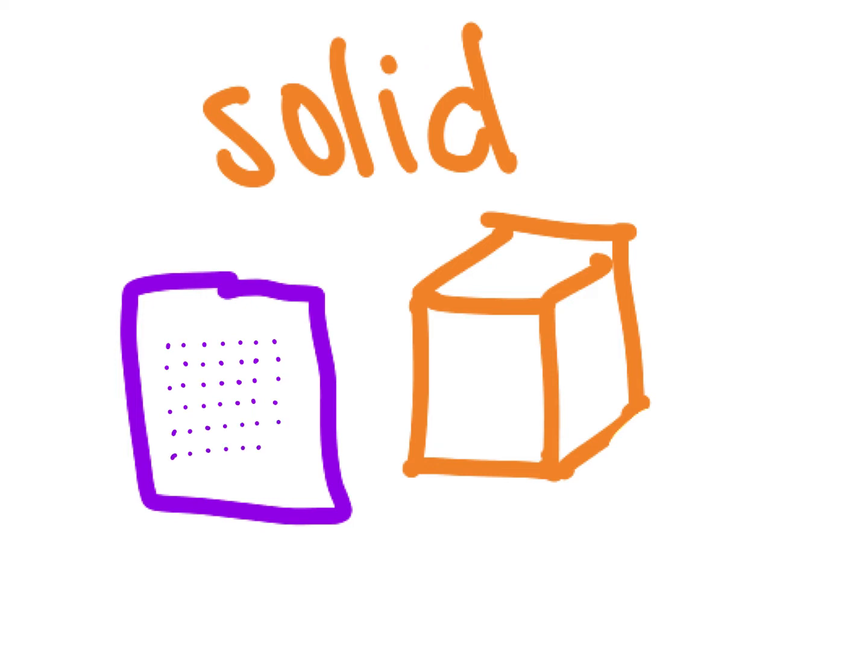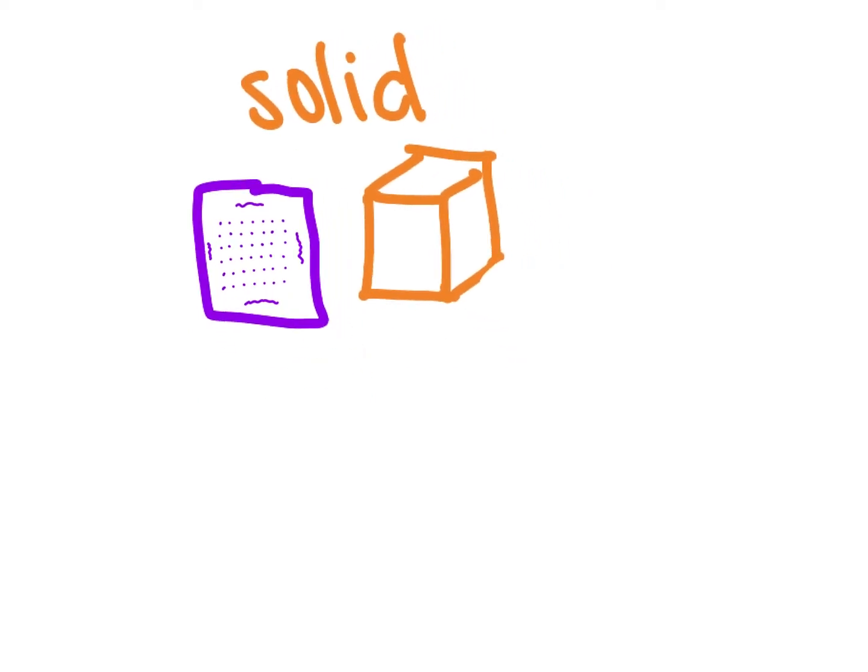So these particles are really close together, and they're not moving all over. They are so close that typically what we see with solids is this vibration. So they're still trying to move, but they're so close to each other, they're bouncing off of each other, that there's really not a whole lot of space for them to go.